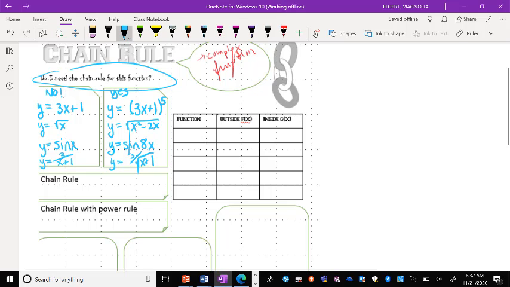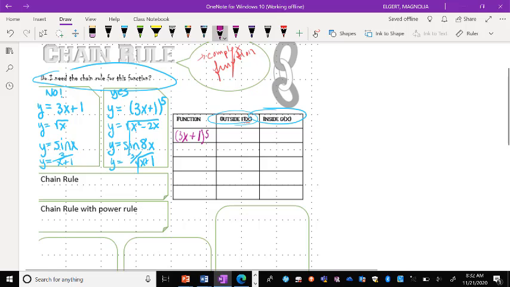So we're going to look at each of these and decide what the composite function is. The next thing, we're going to look at a function, and it's going to have two parts. It's going to have what we call an outside function and an inside function. Let's start with the first one, y equals 3x plus 1 to the fifth.